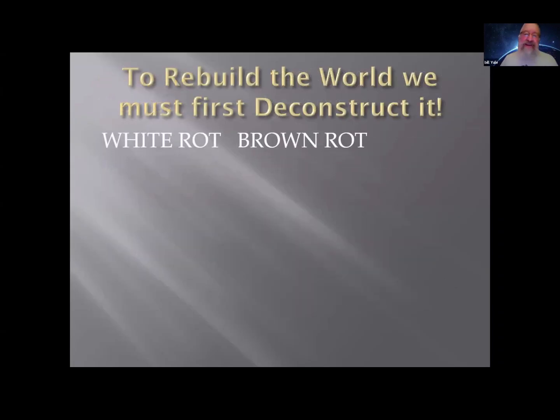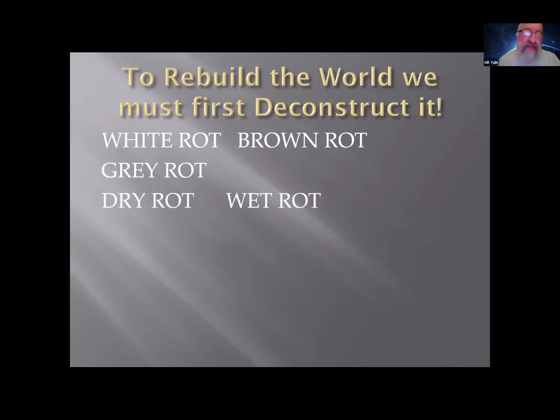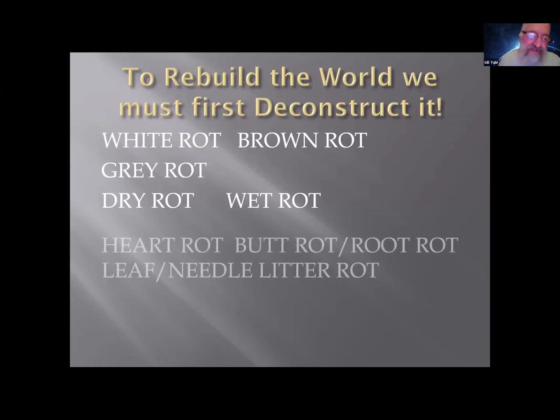So in order to rebuild the world, we have to deconstruct it. And that's what's happening with wood, white rot and brown rot. And there is something called gray rot. And then there are other ways in which scientists describe rot. A dry rot and a wet rot are two different kinds of brown rot, and it has to do with whether the enzymes use water or produce water as they break apart the molecules.